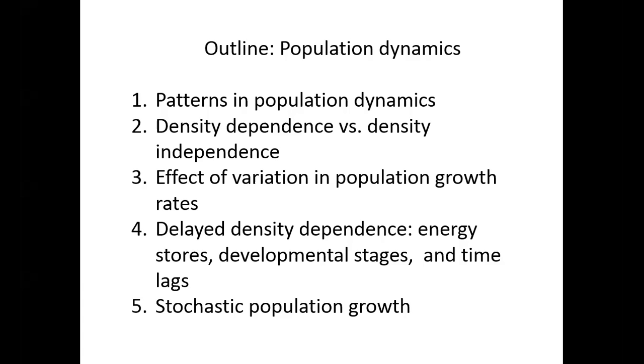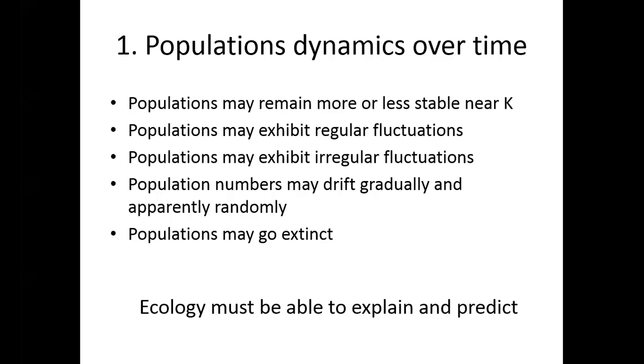So here, first, let's just look at the patterns that we're trying to explain. First, we've got populations that are stable around their carrying capacity, and they may fluctuate up, they may fluctuate down. If they go over carrying capacity, then growth rate becomes negative and they return to K. If they go below their carrying capacity, then growth rate returns to positive.